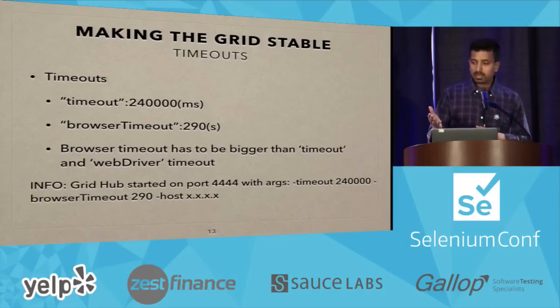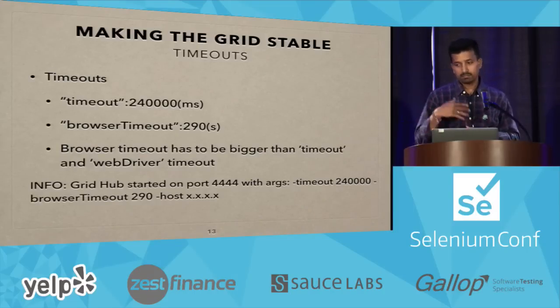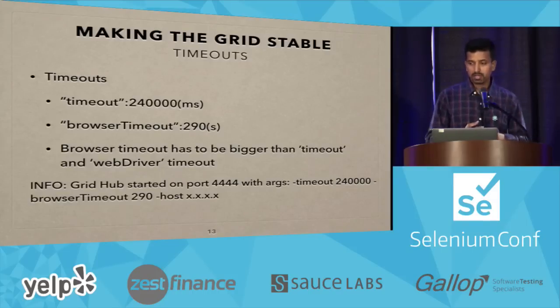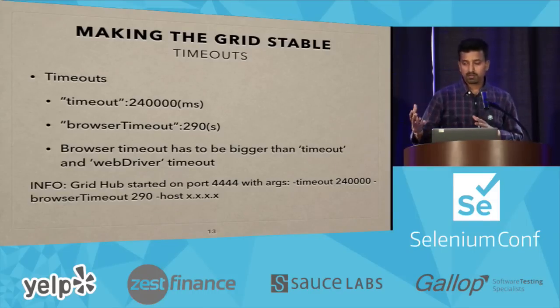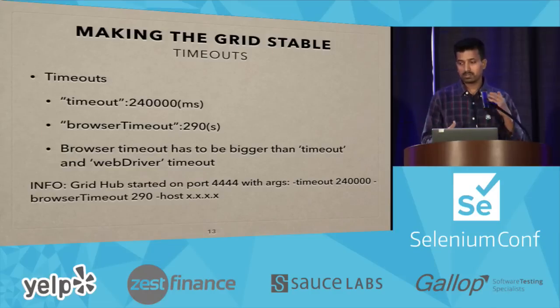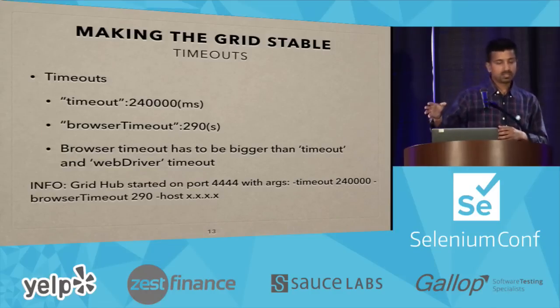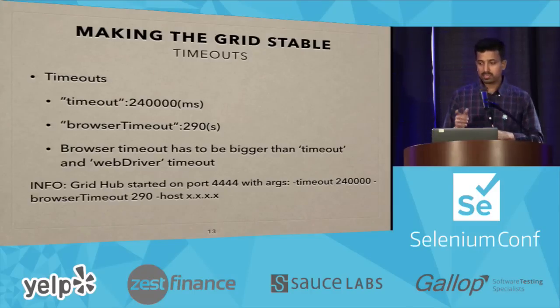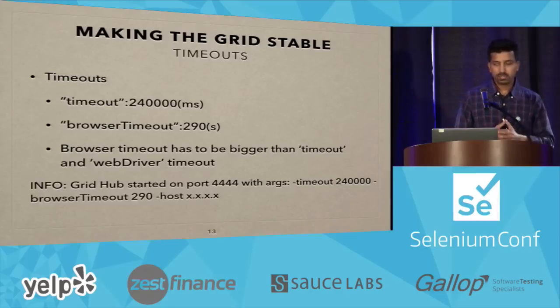One thing I found looking at various blogs and other places is that there is a lot of confusion about which timeout is which, and whether it's milliseconds or seconds. So the biggest takeaway from this slide is that when you add the timeout in your configuration, it should be in milliseconds, and the browser timeout should be in seconds.